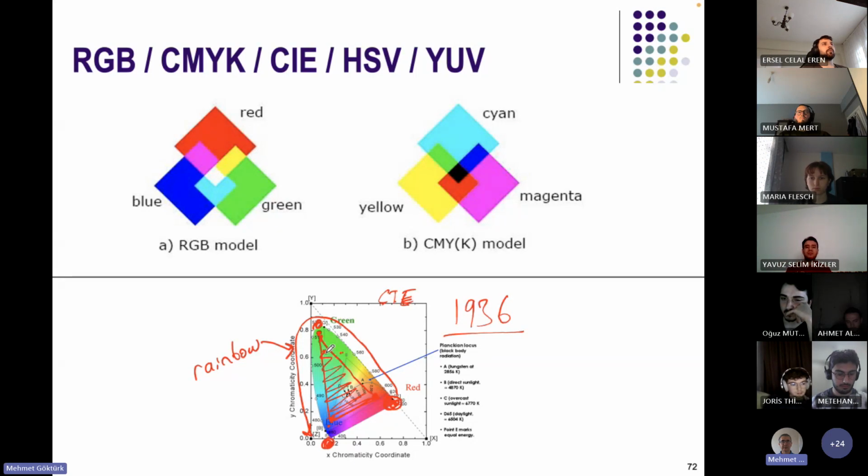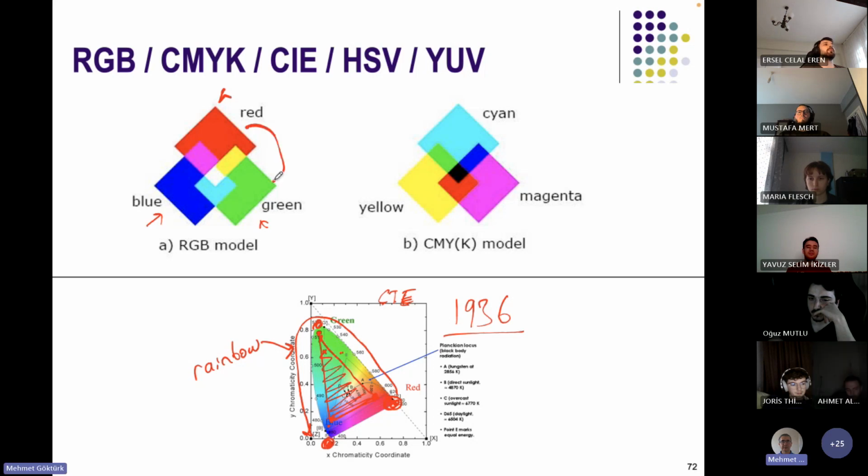With the generation, we have the red, green, blue model. If we simultaneously generate red and green together, we perceive it as yellow. If we simultaneously generate blue and green, we perceive it as cyan. If we simultaneously generate blue and red, we perceive it as magenta. If we produce them all together, then we perceive it as white.